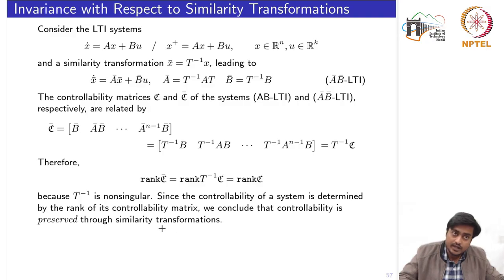So even if I use any similarity transformation matrix and transform the representation from one form to another form, the controllability is preserved.